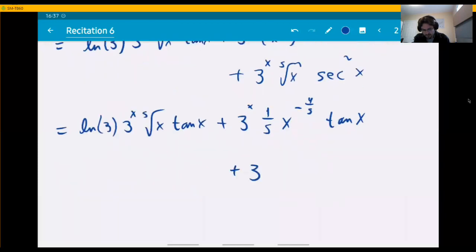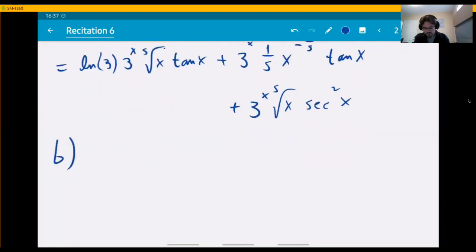And finally, 3 to the x, fifth root of x, secant square of x. Let's not worry about simplifying anything here. There isn't simplification, really. I guess you can factor a 3 to the x, but that's all. So let's just leave it this way. That is the derivative. Now we can move on to item B.